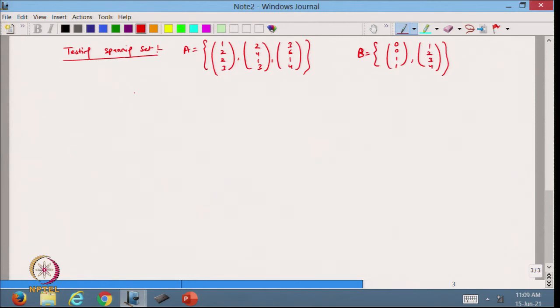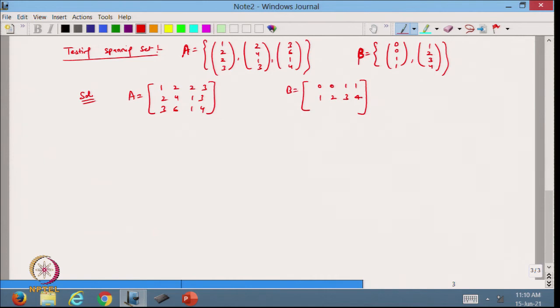So, now we take the matrix A. I just call it alpha and beta. I constitute the matrix A made up of these rows: 1 2 2 3, 2 4 1 3, 3 6 1 4, and I constitute the other matrix B, that is 0 0 1 1 and 1 2 3 4.